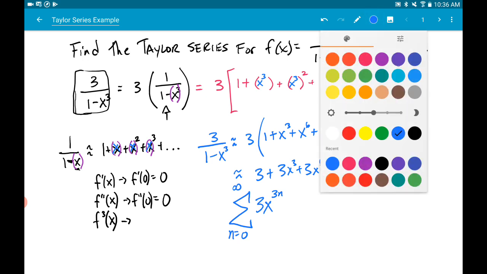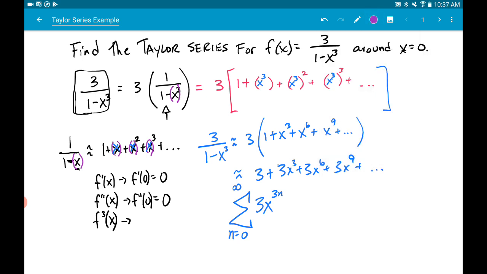This takes a little practice. We haven't talked too much about this yet, but one thing you could think of is these numbers are all multiples of 3. So I can represent that pattern with the 3n. The constant's along for the ride. If you plug in 0, it's to the 0th power. If you plug in 1, it gives you a 3. If you plug in 2, it gives you a 6, and so on and so forth.